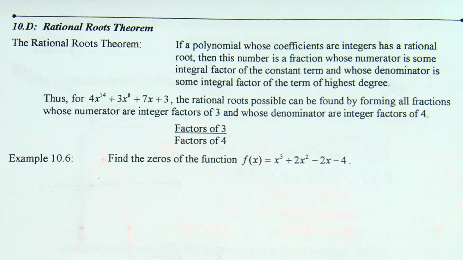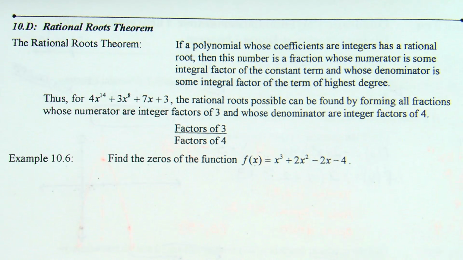Closed the door, didn't she? Okay. Rational roots theorem. If a polynomial whose coefficients are integers has a rational root, then the number is a fraction whose numerator is some integral factor of the constant term and whose denominator is some integral factor of the term of highest degree.